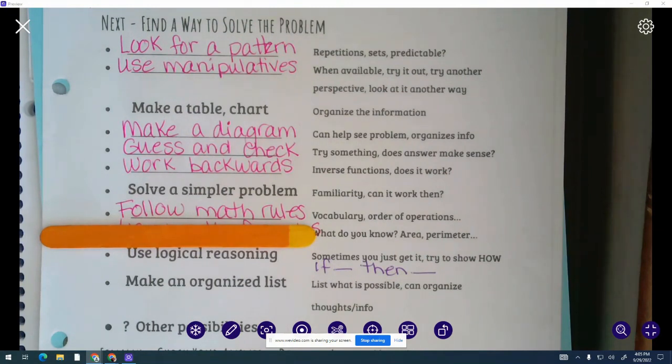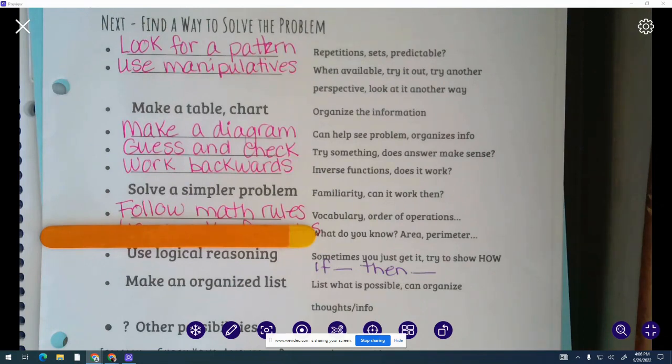Nicole pointed out a really good one the other day, and I was talking about prime numbers and how a prime number is a number that is divisible only by itself and 1, and that even numbers aren't prime. My forgetting that 2 is a prime number, and it is the only even number that is prime. I love that she pointed that out, but that is a math rule, because if it's an even number, it's always divisible by 2.